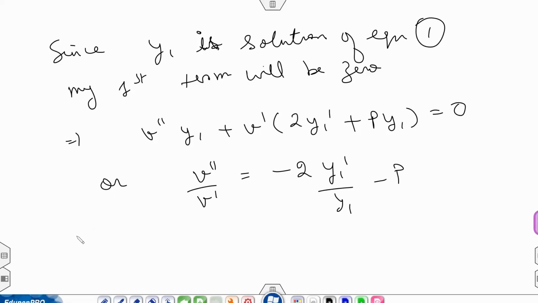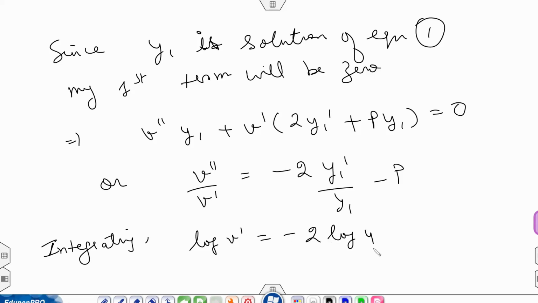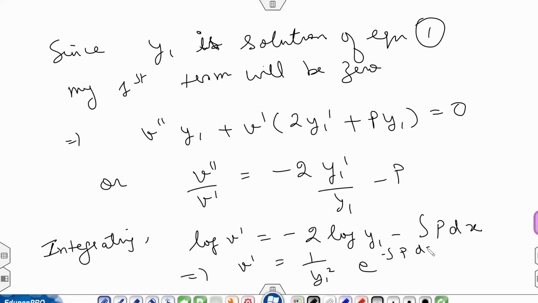And now integrating, what we will get? We will get log of v dash minus 2 log y1 minus p x, and this implies my v dash will be y1 square e to the power minus p x. This is a function of x, so I'll get this.